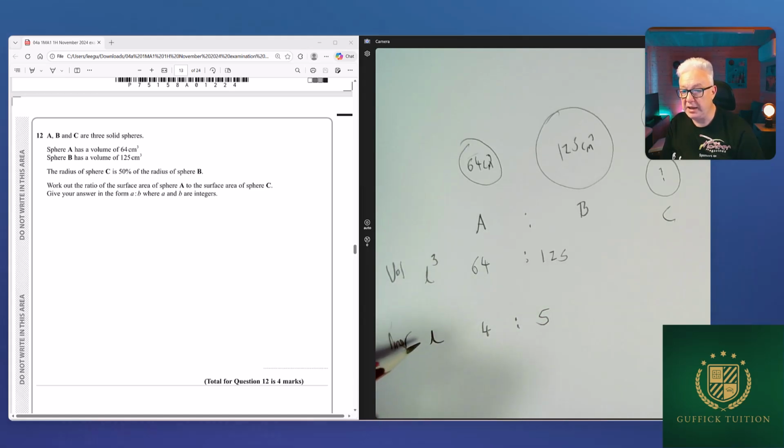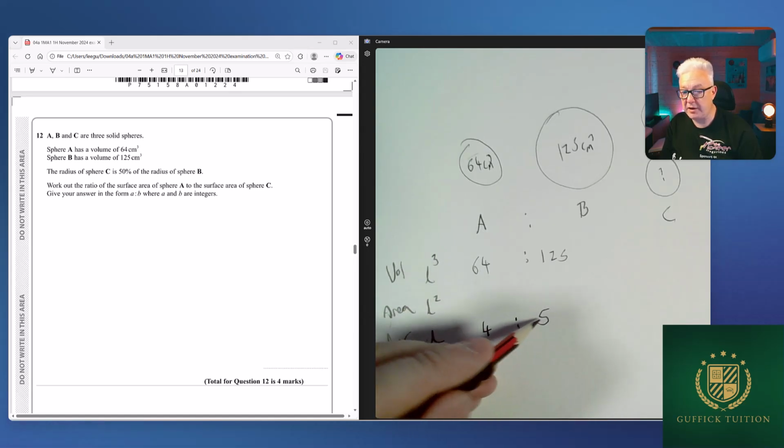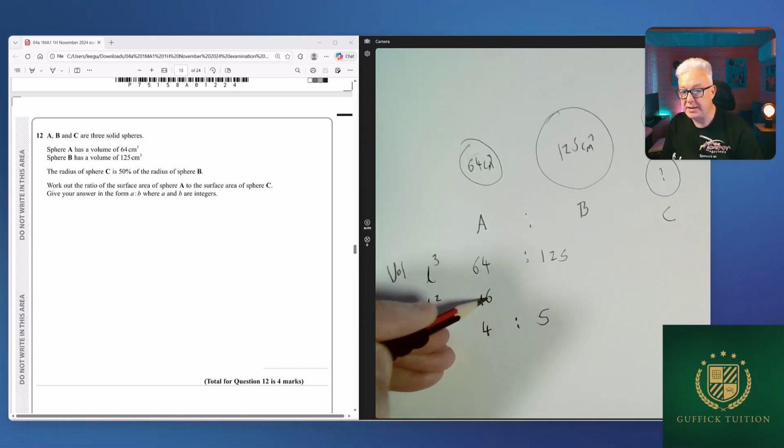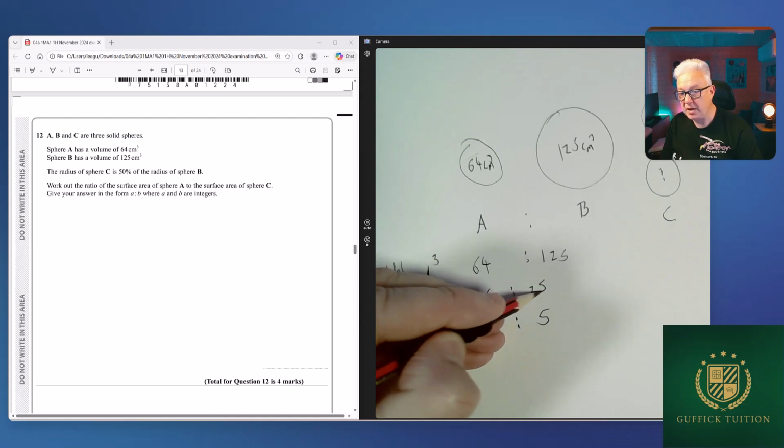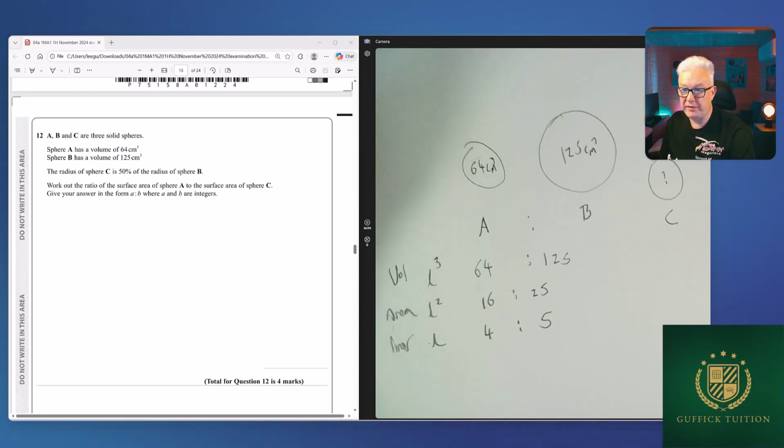So that's our linear scale factor. Now, the area scale factor is the linear scale factor squared, so it's going to be 16 to 25. So we've now got all of our scale factors going from A to B.